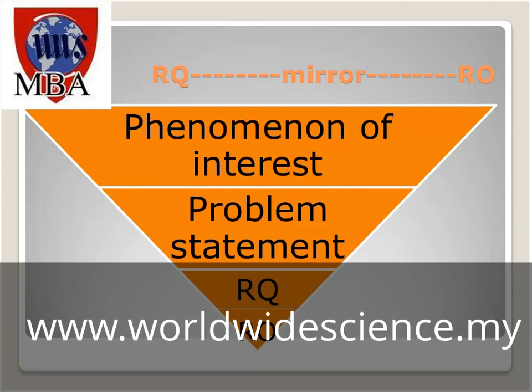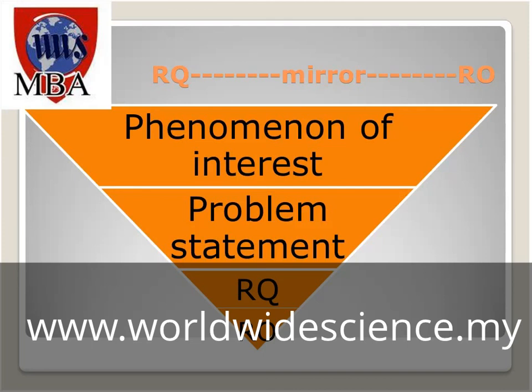Then you come to the problem statement, and from the problem statement you come to the RQ, meaning research question, and then you come to the RO, meaning research objective. So the phenomenon of interest means the area in which you want to do your research, and then you come to the topic, and after choosing the topic you come to the problem statement, and then RQ and RO. It means that step by step you narrow down your idea.